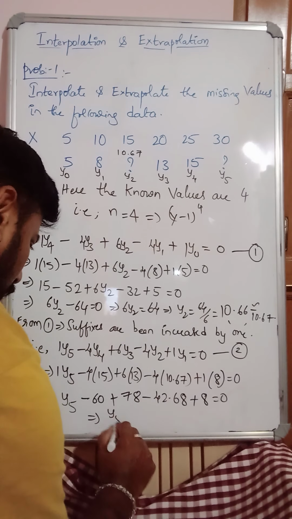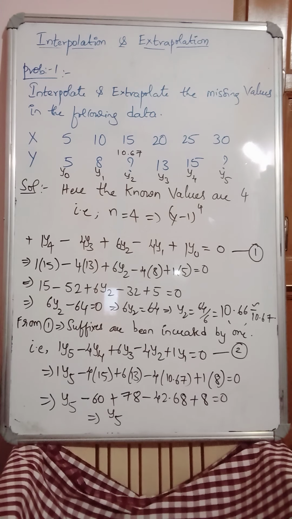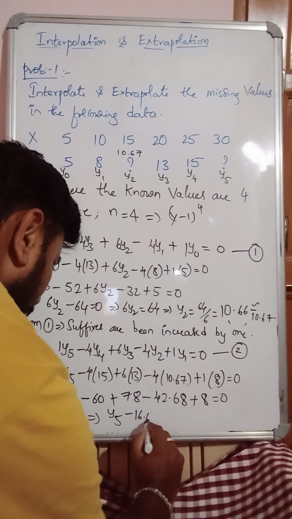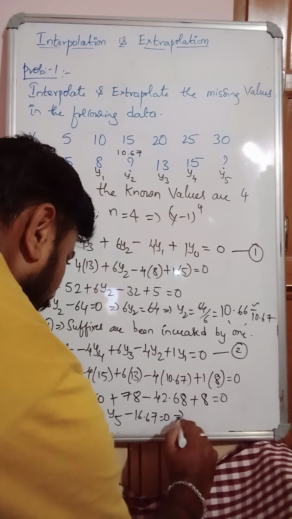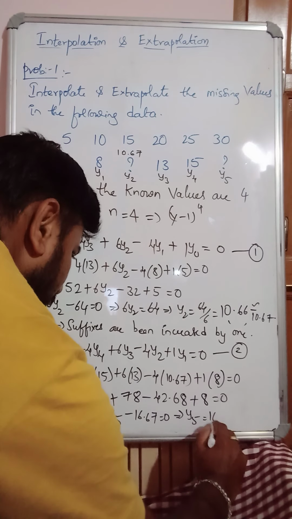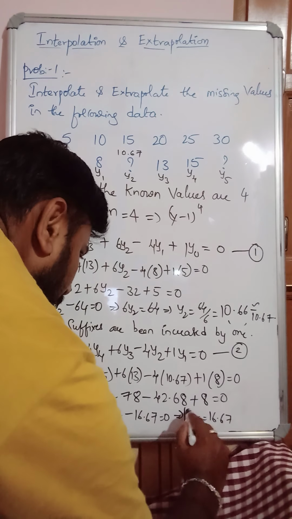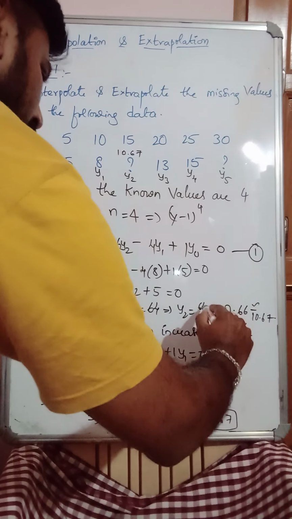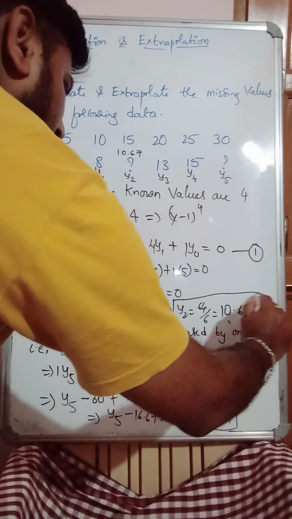Therefore, y5 minus 16.67, after simplifying all this, minus 16.67 you will be getting. Therefore, the y5 value is 16.67. Here y2 is 10.67.